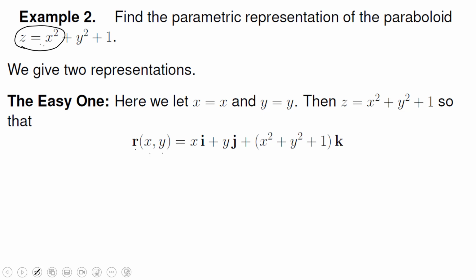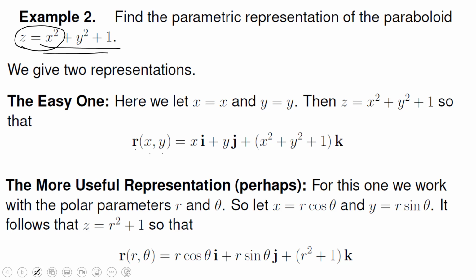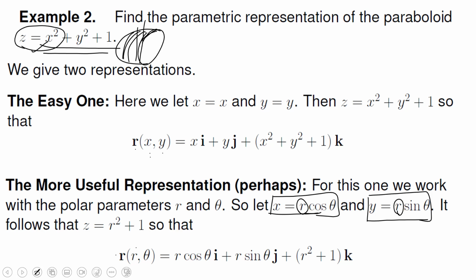Because z is a function of x and y, right? So I can write x i, y j, z k in this case. And I know if I have a circle, I have one radius. If the cross section is an ellipse, I have a and b here. We have 2 different ones, right?